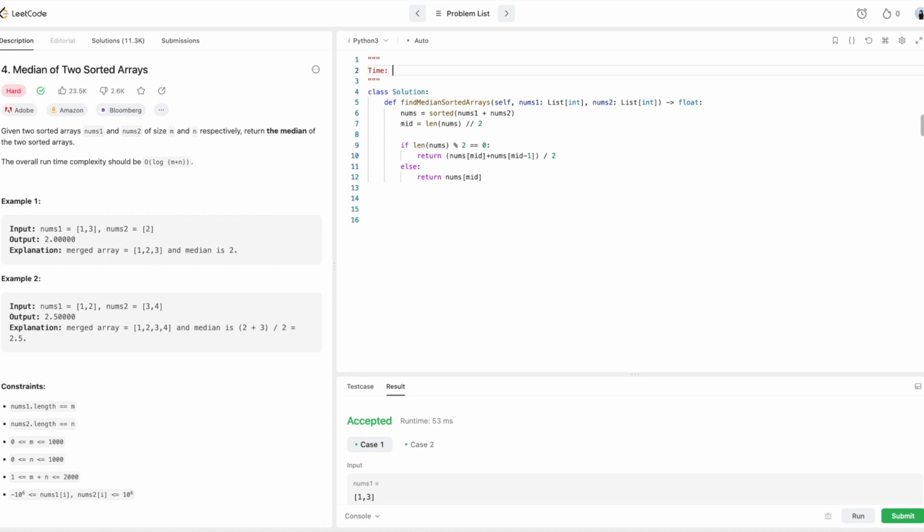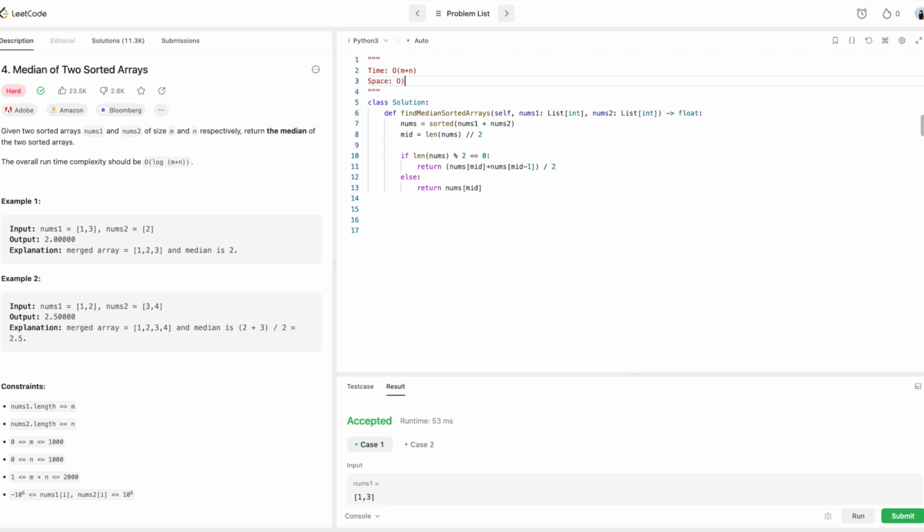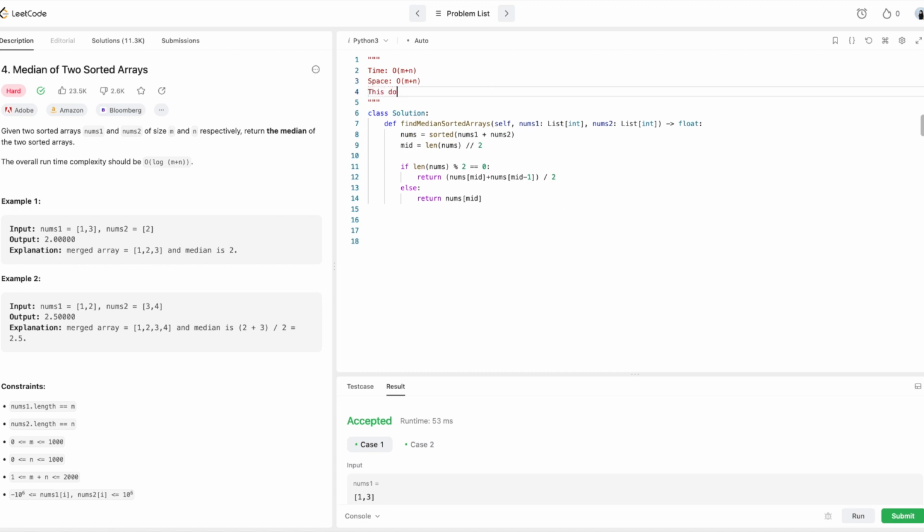This time complexity would be O(m plus n), and the space is also additional space, O(m plus n). Even though the solution is accepted and it works, it doesn't fulfill this question's time complexity.